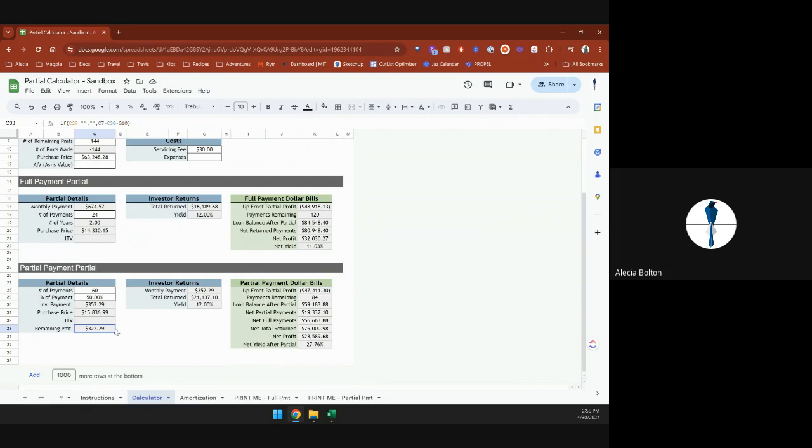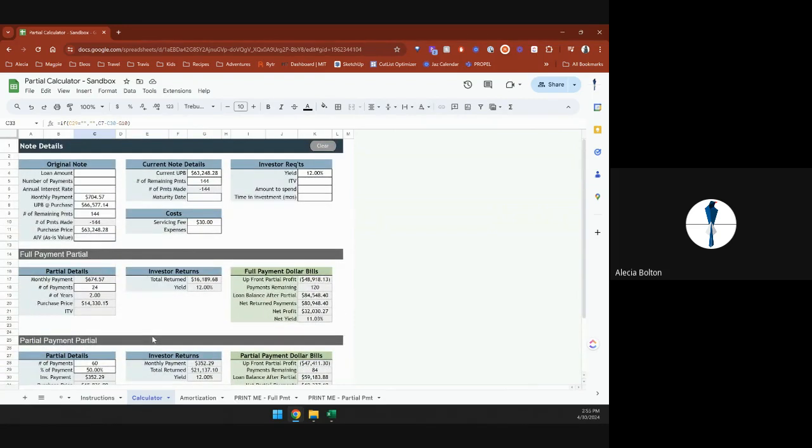This calculator gives you those options so you can play with the numbers. I picked the low interest rate one on purpose to show that even though the note rate is only 6% and the net yield with your discount is 7% and change, you can manipulate the numbers to get a good yield for yourself.